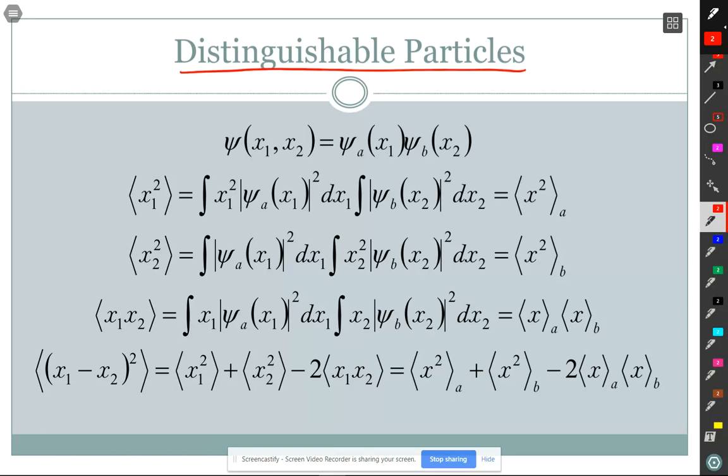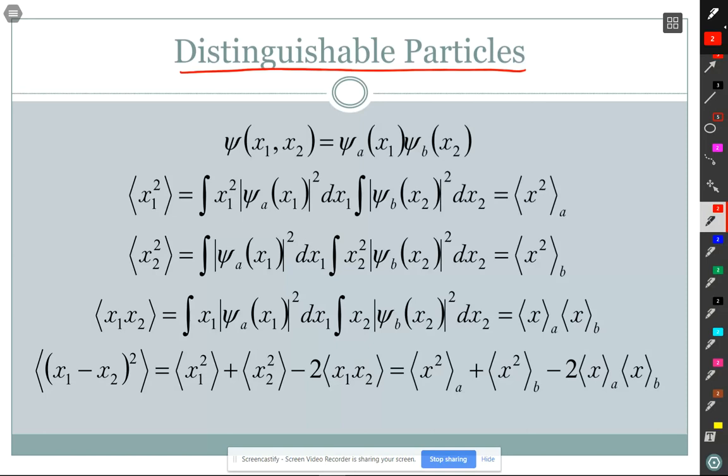What is this exactly? Definition of integral psi mod squared dx over all space? 1, right. So that's the definition of normalization. It has to be 1. This one here is the definition of expectation value of x1 squared.